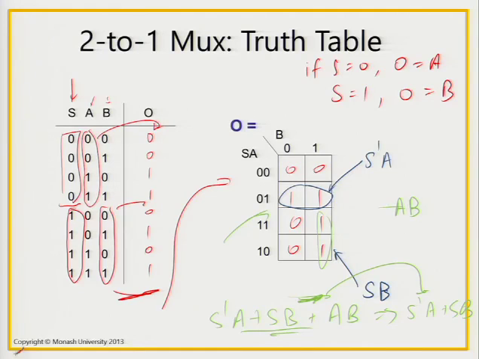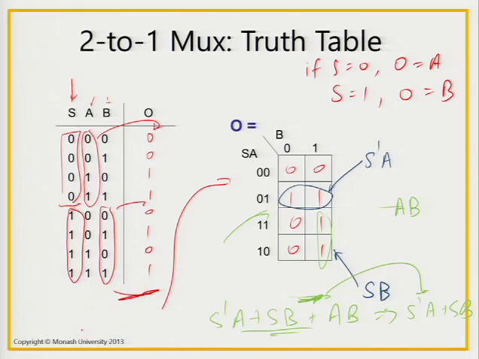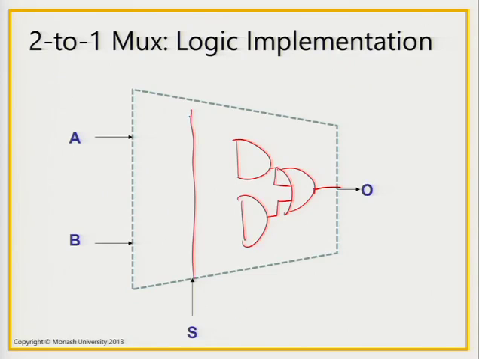Okay, so how do we implement this in a piece of logic using logic gates? So we've got S prime A and SB. Well, here, what would we have? So we would have an OR gate, and you have 2 AND gates, and I've got S here, I might have S prime, and I've got A here, I've got B here.